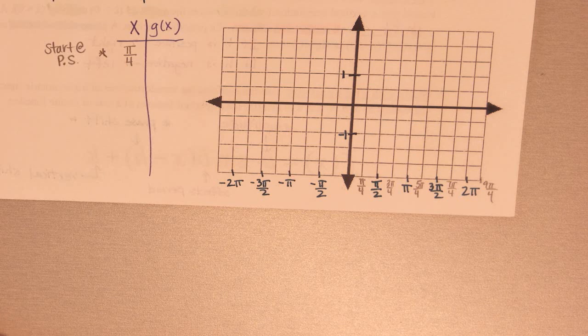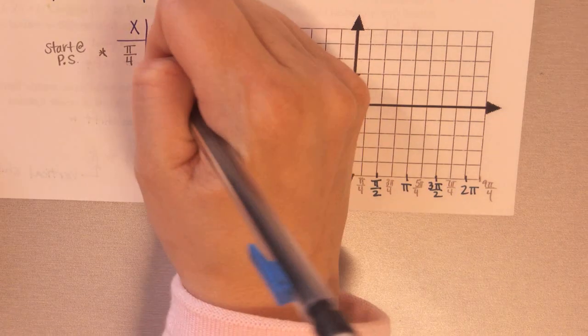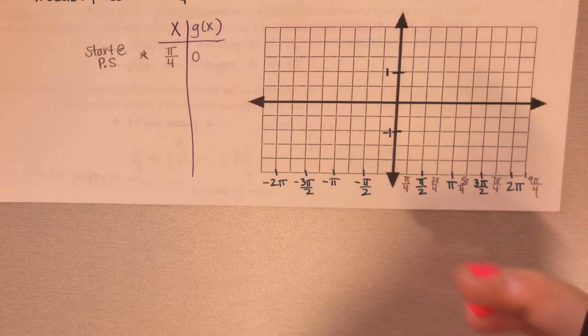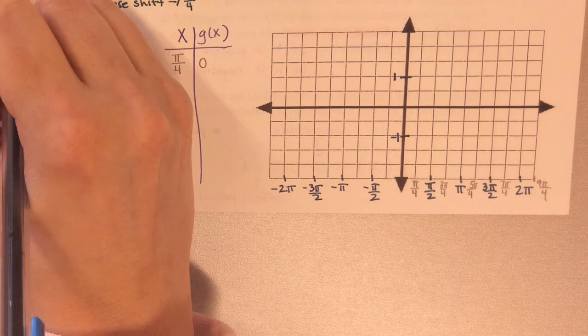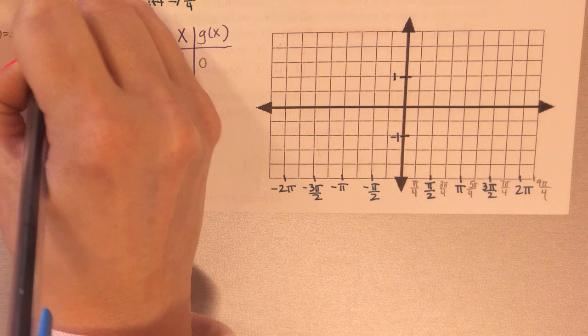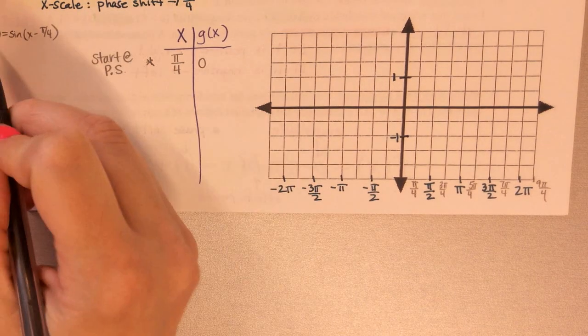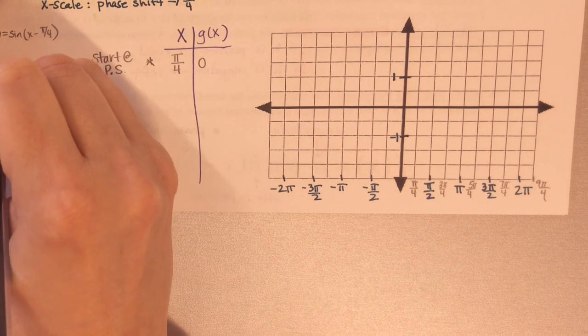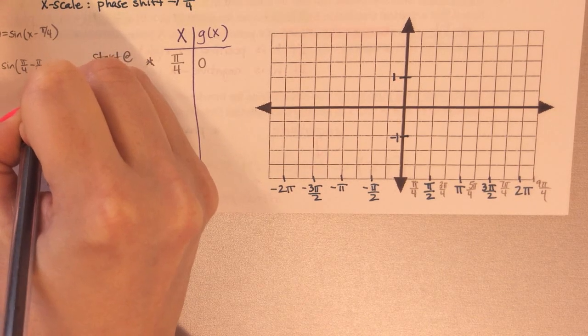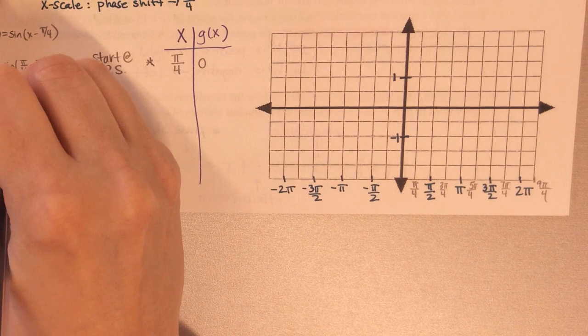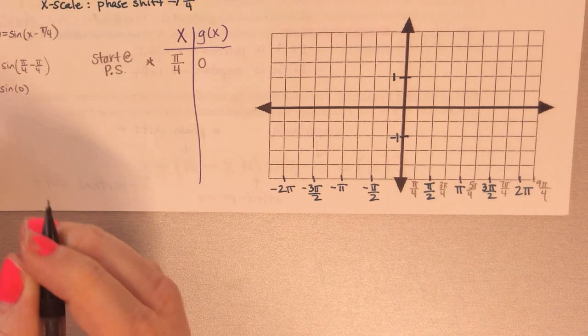0, because wasn't that what it was before? 0. And if you aren't sure, remember, you can just plug that in. Your equation is g of x equals the sine of x minus pi over 4. So if you plug in pi over 4, what's pi over 4 minus pi over 4? 0. How can I find the sine of 0 without my calculator?